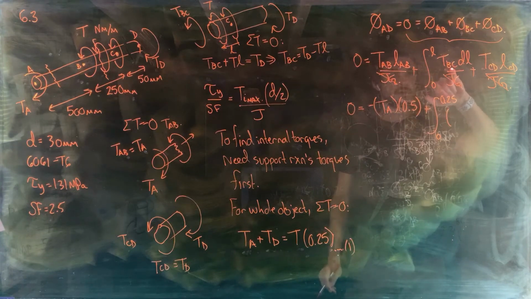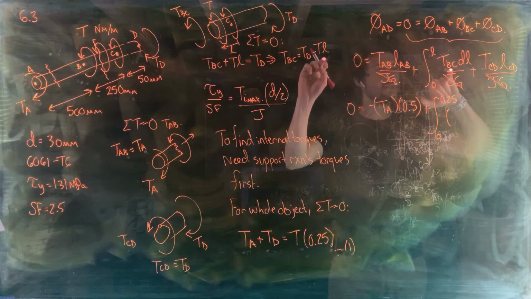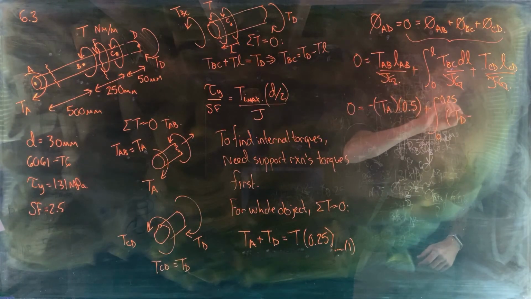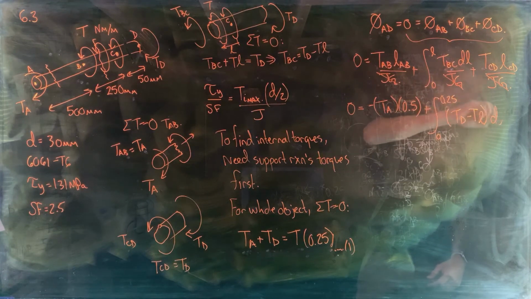And here goes the expression for TBC in for that. So that is TD minus T multiplied by L, and then we've got DL there.